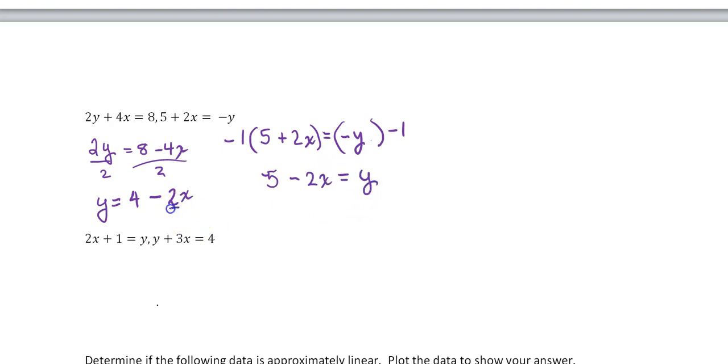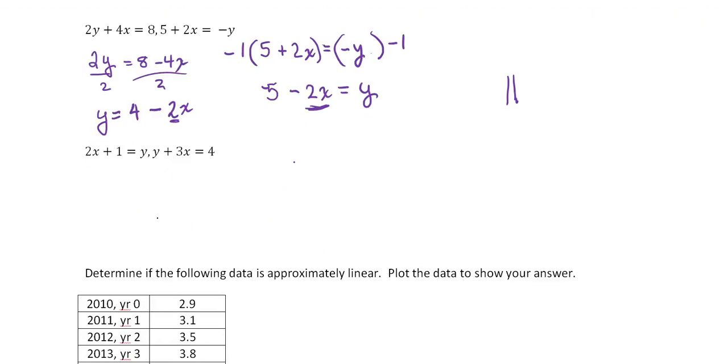Well, I have a 2x and I have a 2x. So here my slope is the same. It's a negative 2. So far we're parallel. Could be the same line. We have to double check. This is a negative 5. This is a positive 4. They are in fact parallel because they do not have the same intercept.